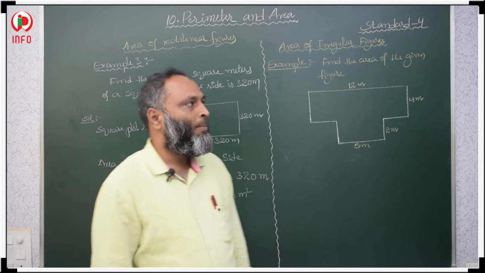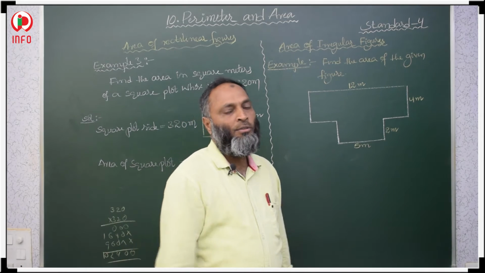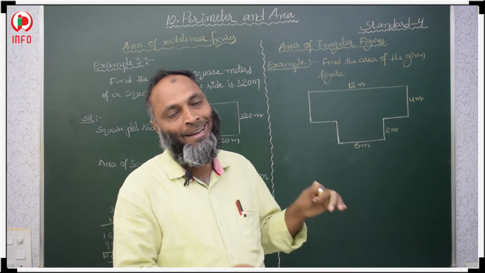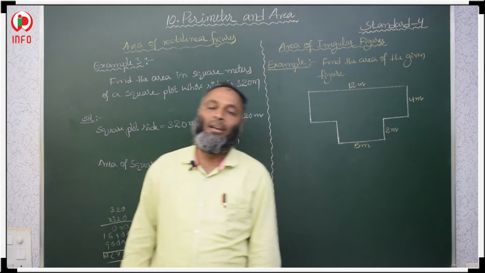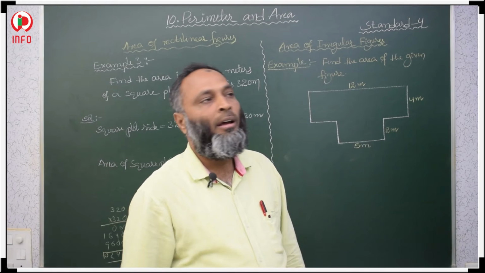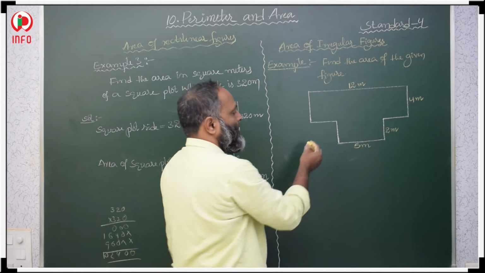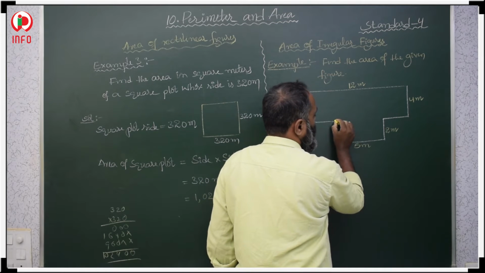See here, in this picture an irregular shape is given. How do we convert that irregular shape into regular shapes and find the area? What is the method to find the area of irregular figures?